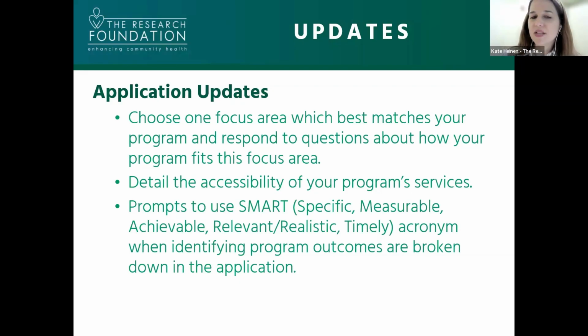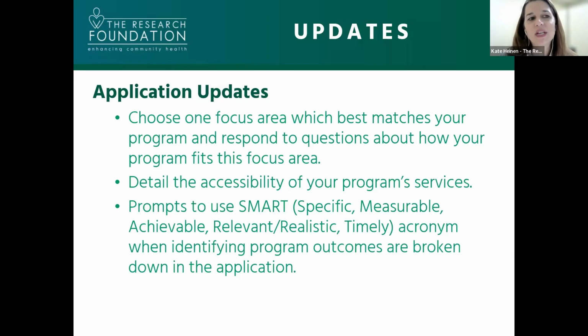And then this is a question that's not new, but it continues to be important and continues to be something of a challenge for applicants, not all applicants, but many that we see, which is detailing the accessibility of your program's services.